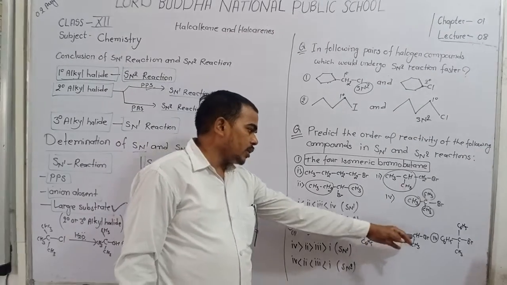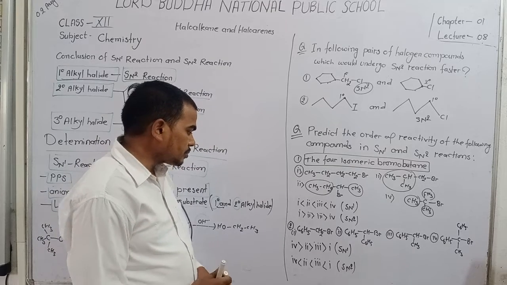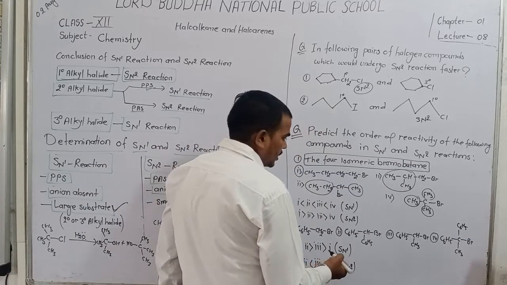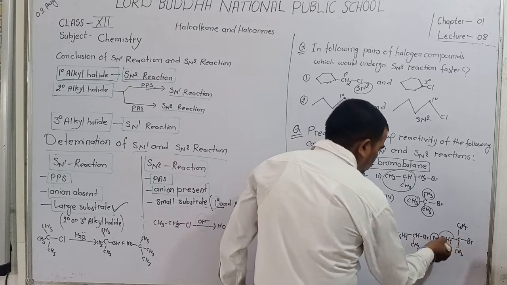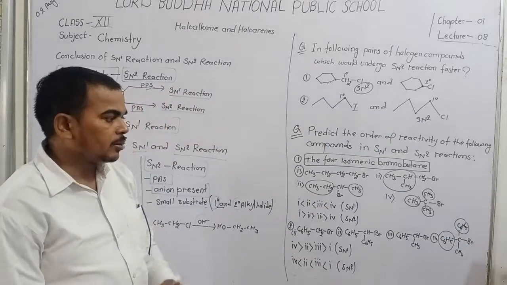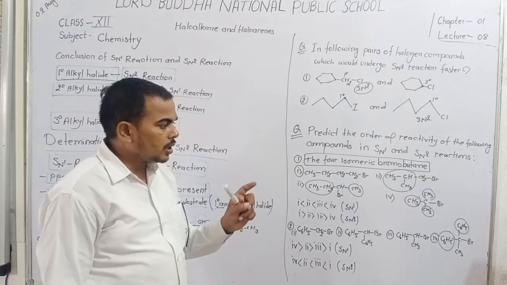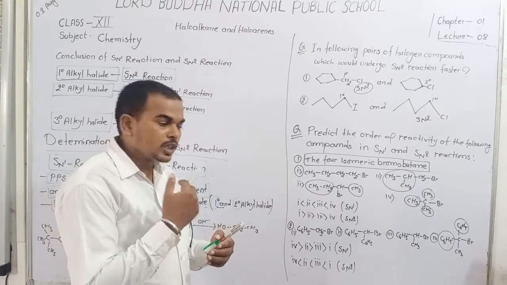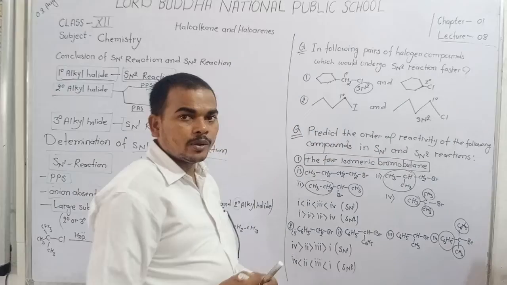Here the compounds are given, 1, 2, 3, 4 compounds. Yes, student, observe here the fourth is the most favorable for SN1 reaction. It is because here two benzene rings are attached with the carbon which is joining with the bromine. Yes, student, here benzene is bulkier as compared to methyl group.